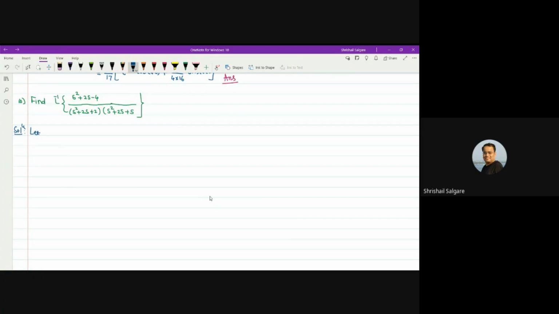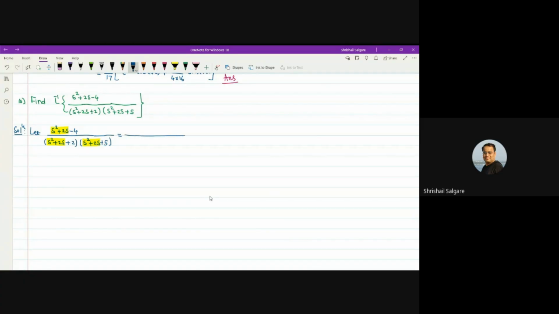So let s square plus 2s minus 4 divided by s square plus 2s plus 2 and s square plus 2s plus 5. One thing you can notice here, I can apply the shifting theorem. Everywhere you are having s square plus 2s. So to make that term a perfect square, I have to add something and subtract something.